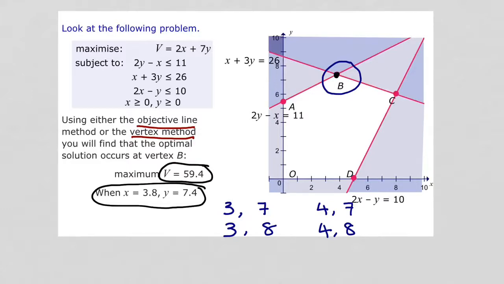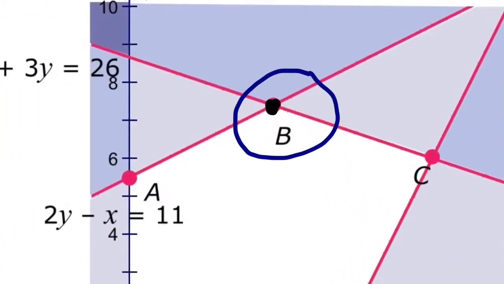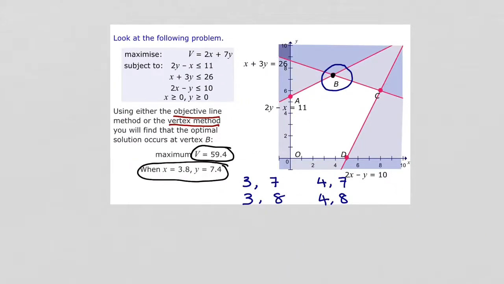And if we were to zoom in on here, we might be able to see a bit more detail around the point. We might be able to tell which of those points actually lies within the feasible region or which ones are in the shaded region. However, I haven't got that information on my graph. It's highly unlikely you would in the exam.